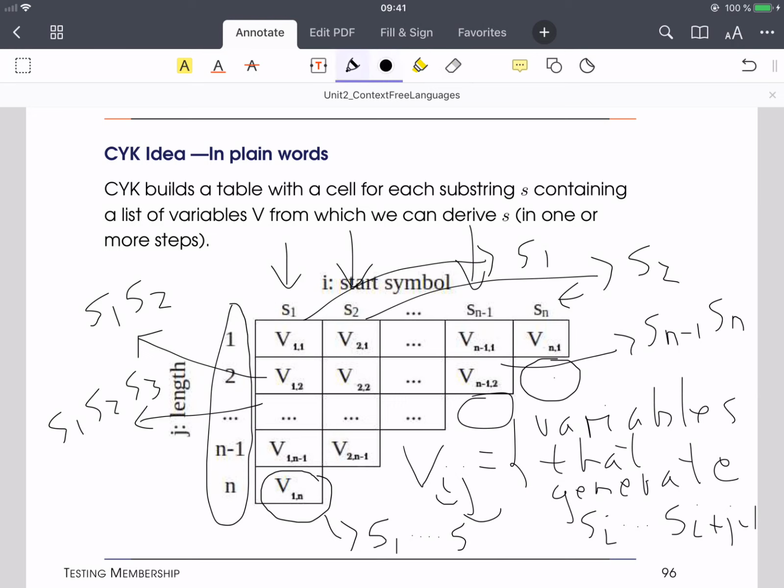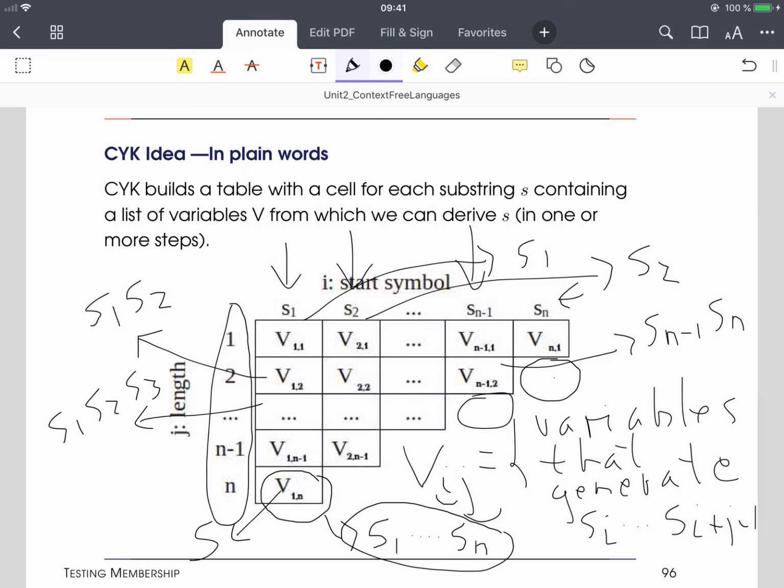Let me write this n a bit better. So this is the whole word, and we want to know what the variables here are. If the axiom s of the grammar is there, it means that s generates that string, it generates the complete string.